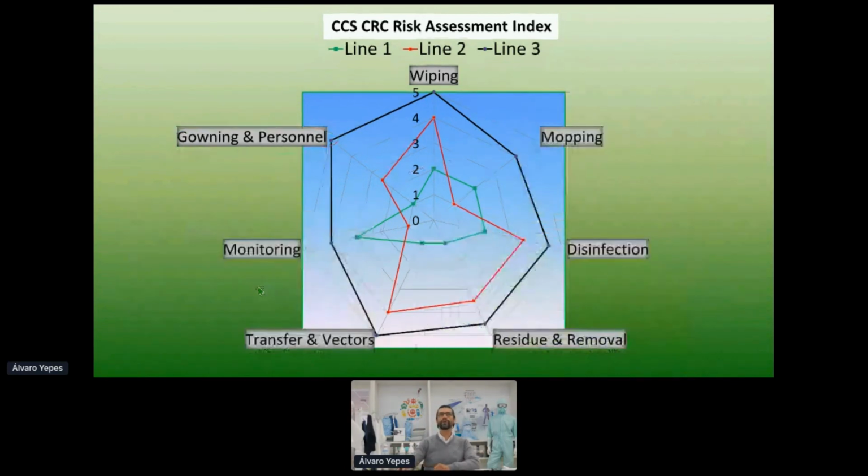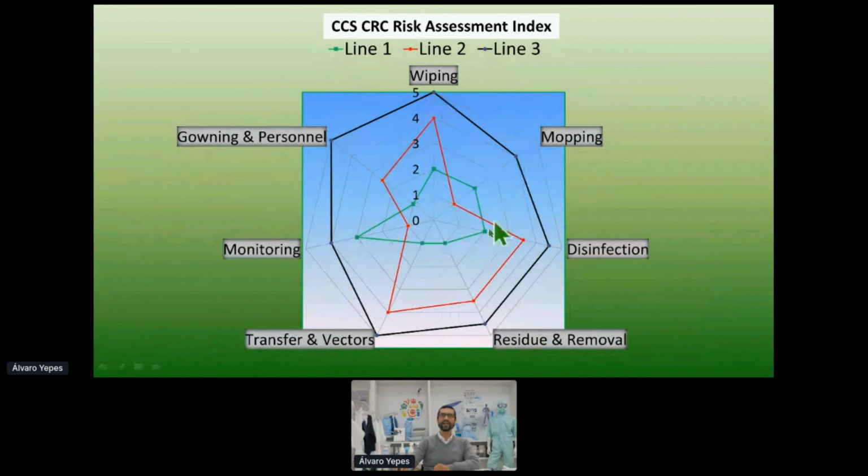And at the end, we come to have a graph that shows, for example, that line 3 is a much more robust process than our line 1. But it also helps us analyze combined factors, such as where we have a very weak way of understanding if our product or our background is contaminated, and we identify that we have a mopping gap in our process.